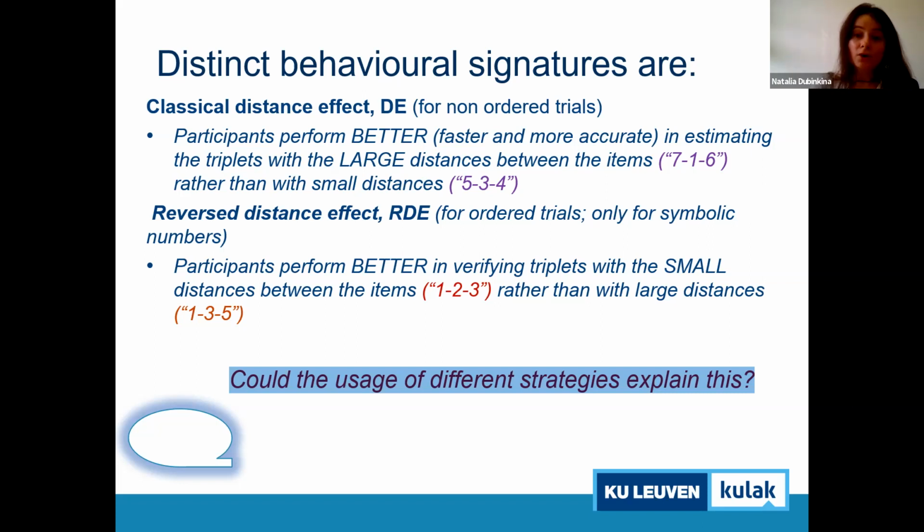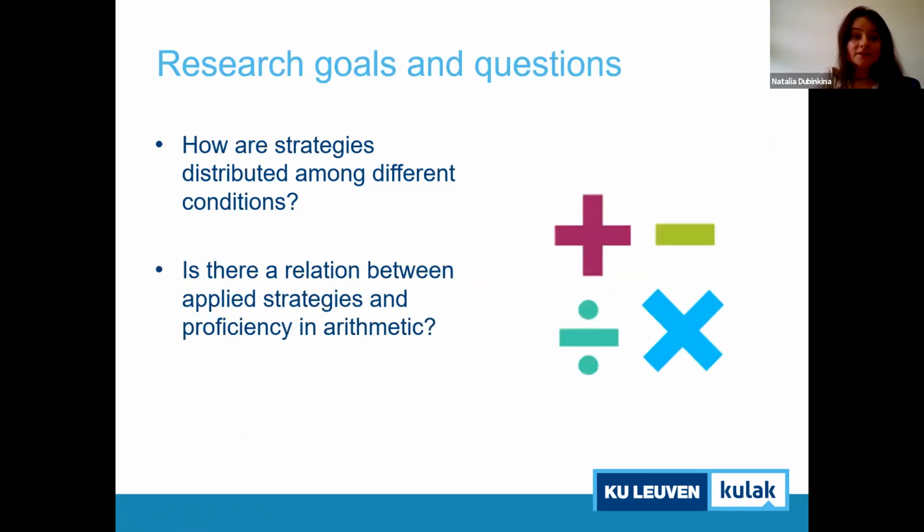At the same time, for non-ordered trials, such as 716 or 534, a magnitude comparison or magnitude-based mechanism is involved. So the main question is, how could we check these assumptions, and which methodology will allow us to explain these behavioral signatures?